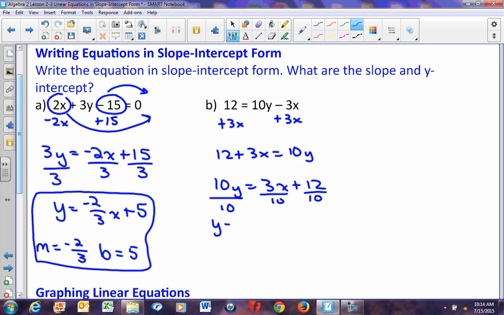So y equals 3/10 x plus, I could say 12/10, or I can change that to an improper fraction, or a reduced improper fraction, or a mixed number. I'm just going to change it to a reduced improper fraction, which would be 6/5. So my slope is 3/10, and my y-intercept is 6/5.